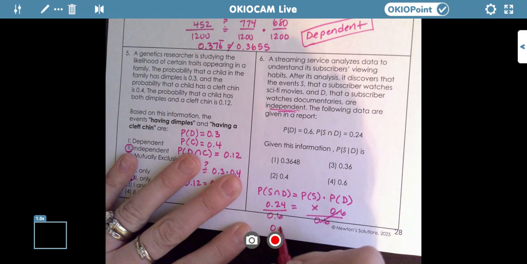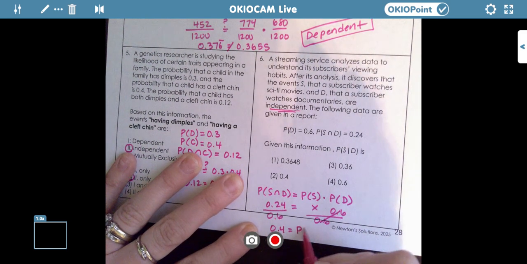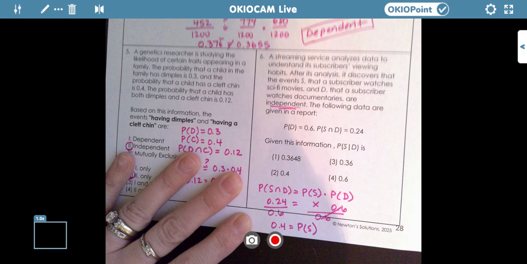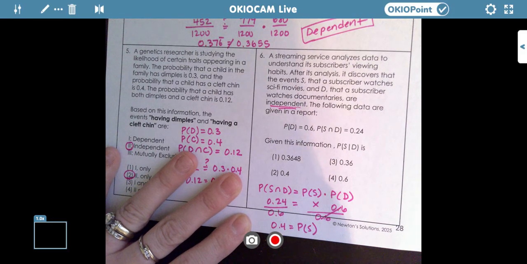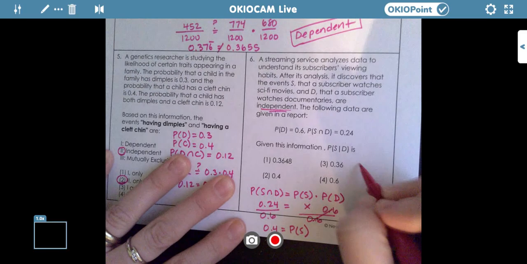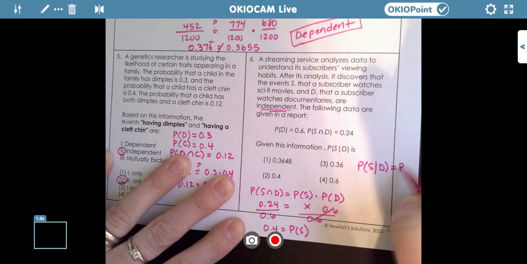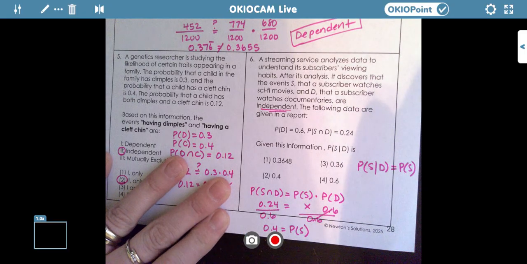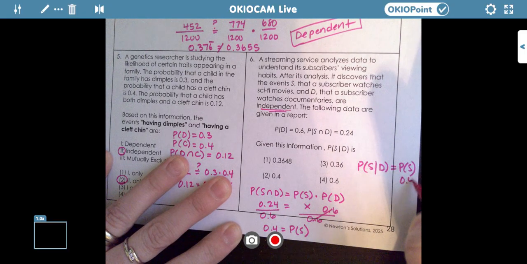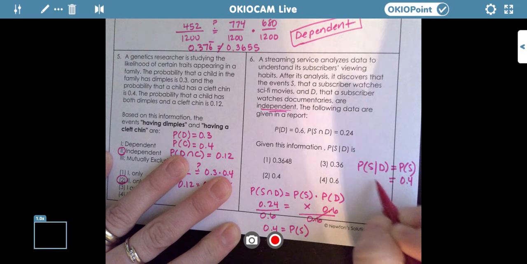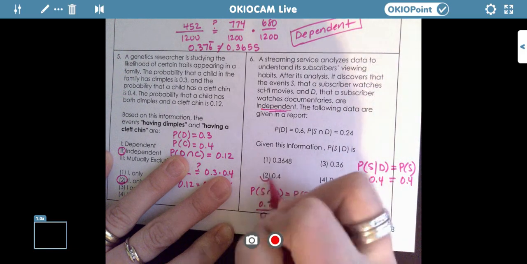So 0.4 equals my X, which was the probability of S. Well, now I can use my other independence formula, which says the probability of S given D is equal to the probability of S if I'm independent. Well, this is 0.4. We know we're independent, so this had to have been 0.4 as well.